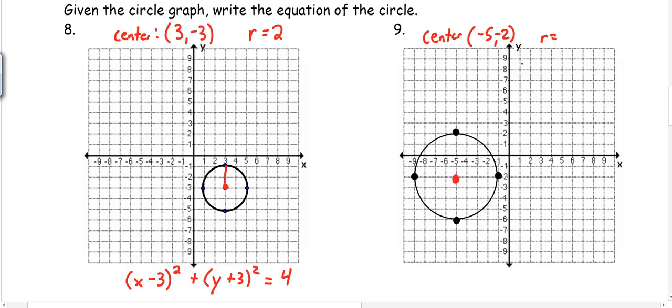And my radius, I would count how far to one of the dots. So 1, 2, 3, 4. So I have a radius of 4. So my equation here would be x plus 5 squared plus y plus 2 squared equals 4 squared, which is 16.